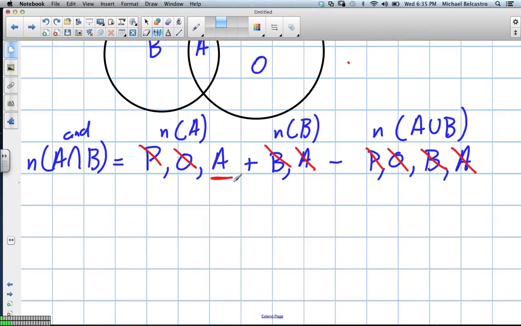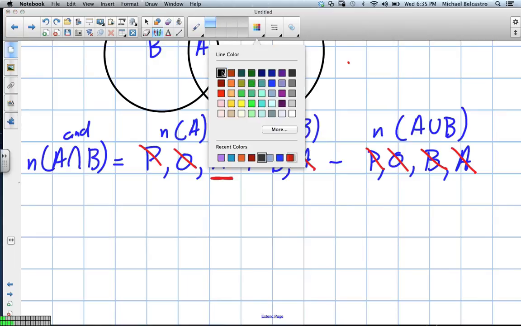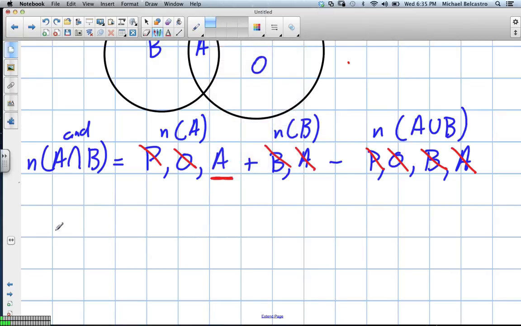So what am I left with in terms of and? A, which makes perfect sense to us because we can logically look at the intersection of A and B, or where A and B both happen, A standing for apples. That's what we got for our answer, right? We know there's only one left.